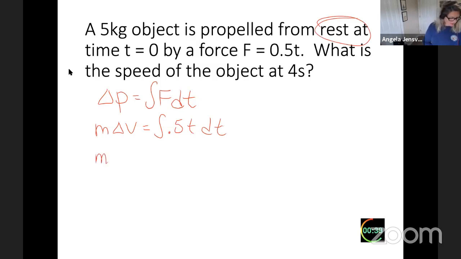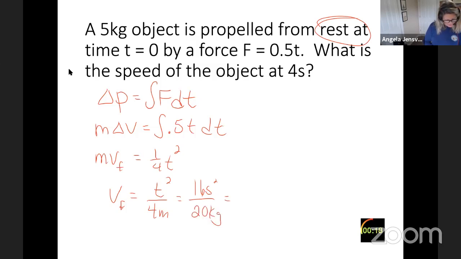So m v final equals 1/4 t squared, right? So v final would be t squared over 4m, which is 16 seconds squared over 20. It would basically be 0.8 meters per second. Okay.